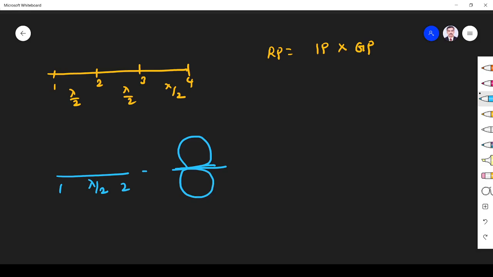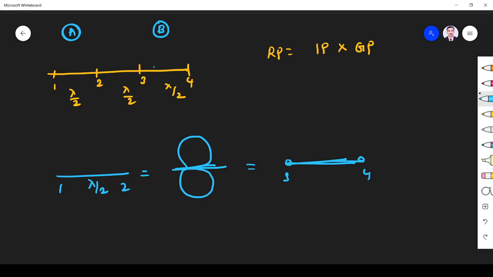That is equal to the radiation pattern. Similarly, for 3 and 4, I consider 1 and 2 as one antenna, that is antenna A. 3 and 4 as another antenna, antenna B. Fine. So this is AB. This is what I see, 3 and 4. Both are having the same pattern.